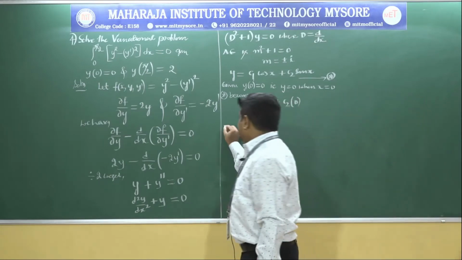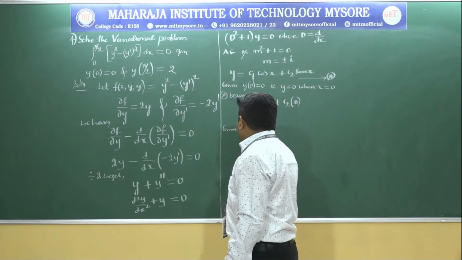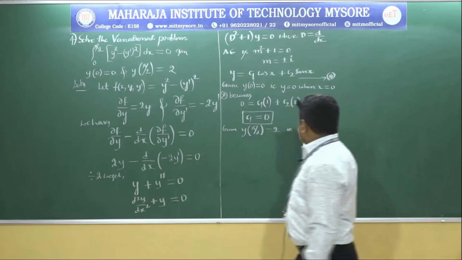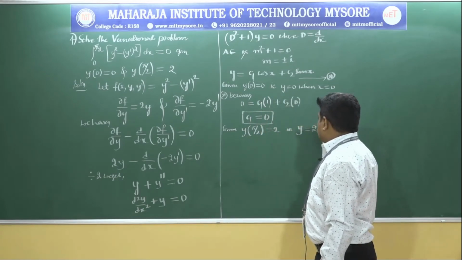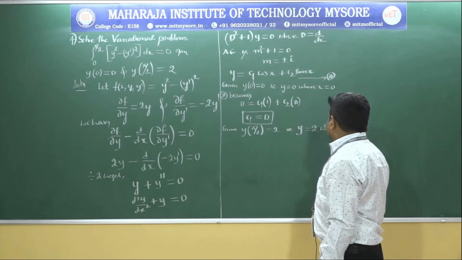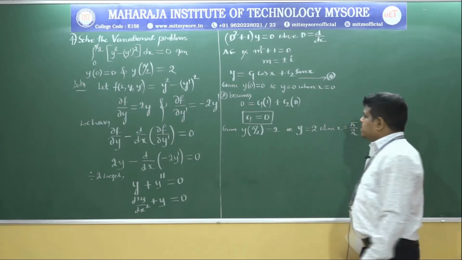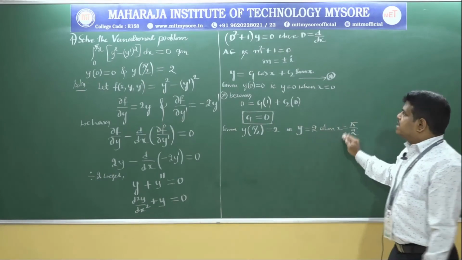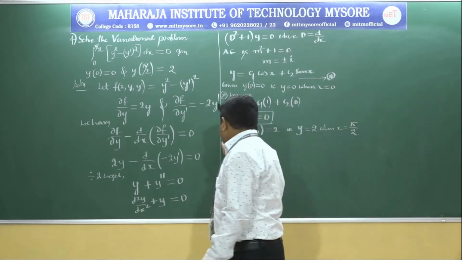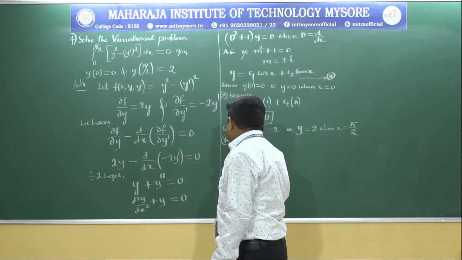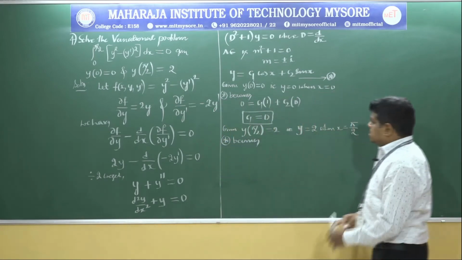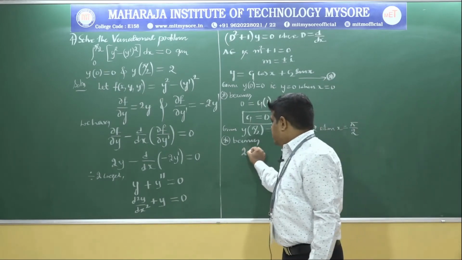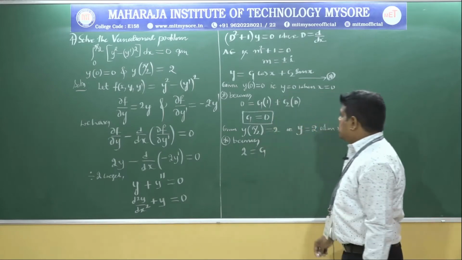Similarly, we have another condition, y of pi by 2 equals 2. That is, the y value equals 2 when x equals pi by 2. Again substituting the values of y and x in equation star, on the left hand side we have y equals 2, that is 2 equals c1 cos pi by 2.